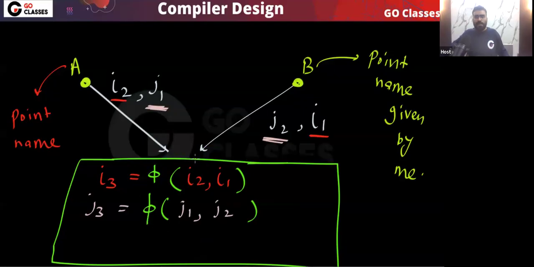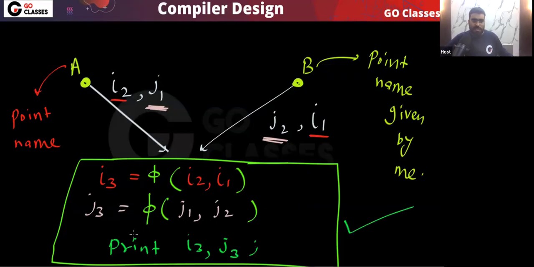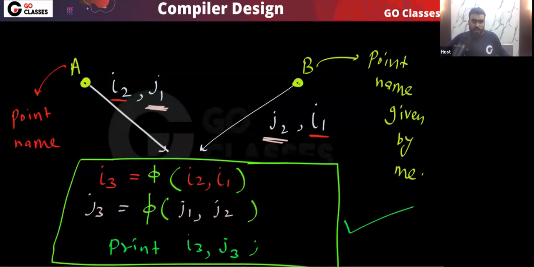So finally you can print I3, J3. This is correct. Now remember one more thing, see the benefit. If I use this notation, that if you are coming from the B side then put I1, and from the A side you put I2, then there is no problem, right?